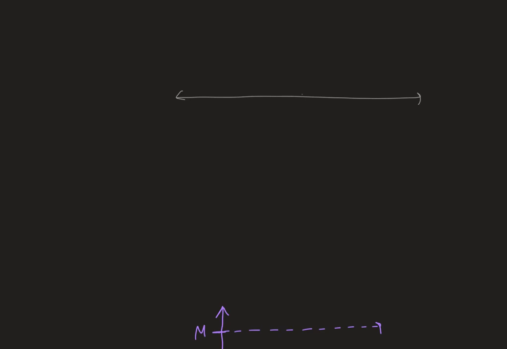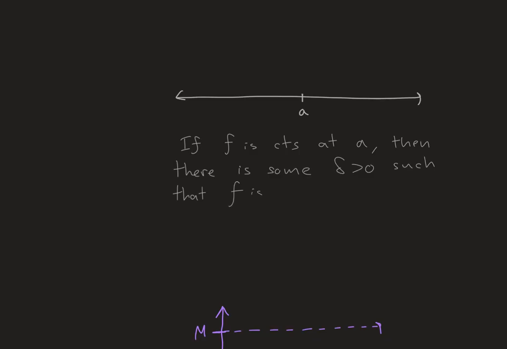If F is continuous at A, then there is some delta bigger than 0 such that F is bounded on A minus delta to A plus delta.